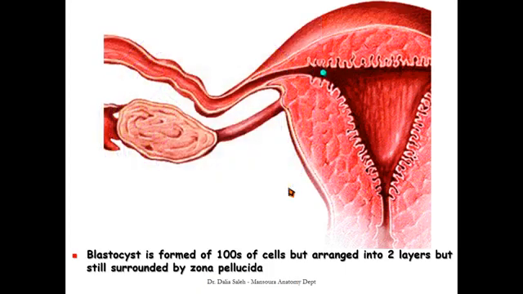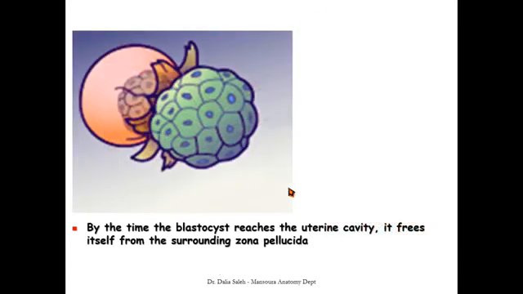Now the blastocyst moves towards the uterine cavity and gets into contact with the endometrium and starts its implantation there. By the time the blastocyst reaches the uterine cavity, it frees itself from the surrounding zona pellucida, the act that we called before the hatching of the blastocyst.